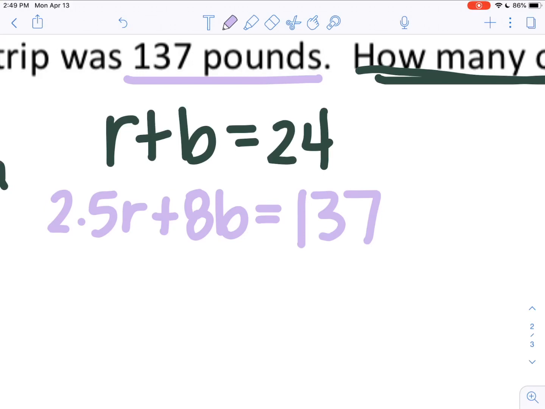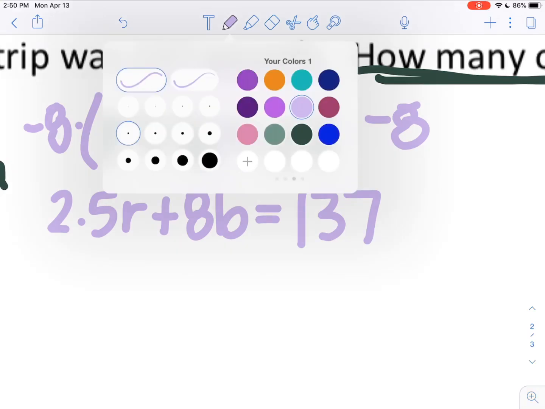Okay, again, you could do substitution, you could do elimination. Since the last time with a problem like this I used substitution, I'm going to do elimination just so you can see that used as well. So I'm going to eliminate the b's. In order to do that, I got to multiply everything by -8. Okay, let me keep that in dark green.